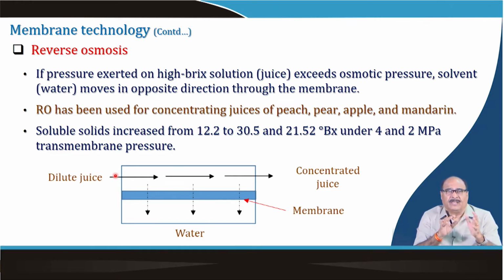Of course, what these juices are and what various solutes are present there will contribute to the final osmotic pressure, and accordingly what the overall pressure should be, the membrane characteristics and transmembrane pressure will govern the process.